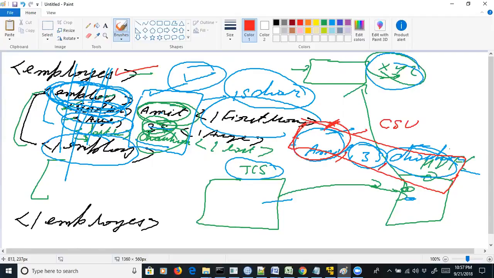Because this is the start of the file, and after that there is only one comma. That is why I'm calling it the first element. The second element is between the first comma and the second comma. That is why I'm calling it the second element.